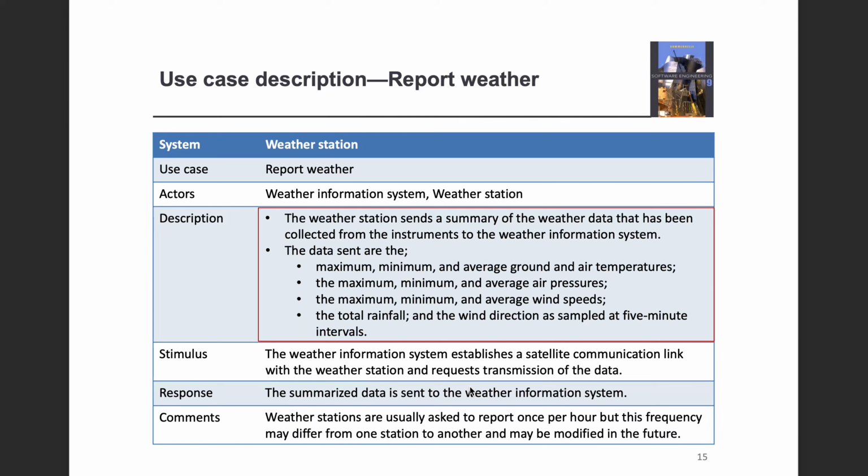And this is how it describes it: the weather station sends a summary of the weather data that has been collected from the instruments to the weather information system. The data sent are the maximum, minimum, and average ground temperature, the maximum, minimum, and average air temperature, the maximum, minimum, and average wind speed, the total rainfall, and the wind direction, sampled at 5-minute intervals.